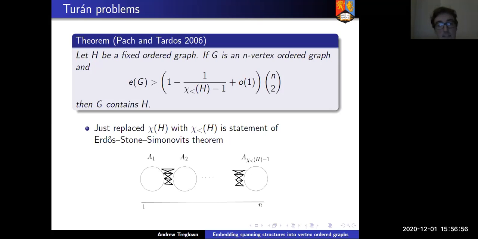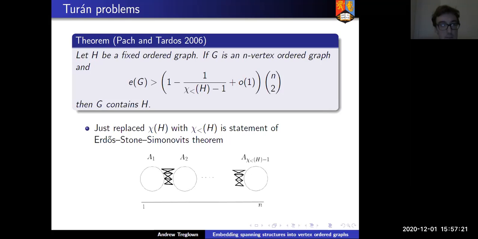And again, the reason this doesn't contain a copy of H is that, well, if H has interval chromatic number r, this graph itself just has interval chromatic number r-1. So you can't place H into here, even though it only just fails to satisfy the Pach–Tardos condition.